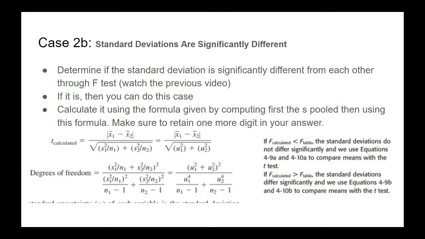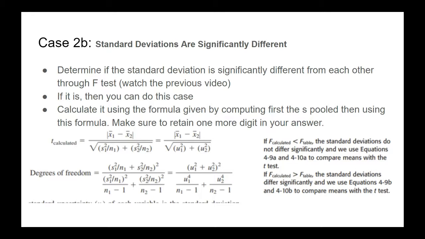And then this one is special because we're using a formula for degrees of freedom. Typically, degrees of freedom from what we have seen so far is as simple as n minus 1. But this one, since we're using a different case, we're using a different degrees of freedom, okay? And that is very important.